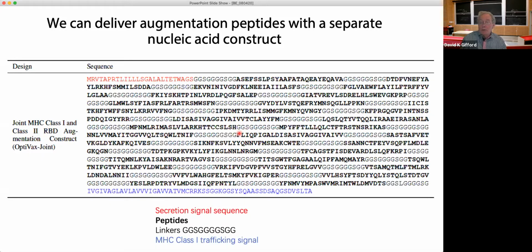In the case of, for example, a messenger RNA vaccine, you could add in extra RNA molecules that encoded this particular sequence. You could control how much augmentation you want to provide, depending on the ratio of the original S units that you put into the vaccine design versus the amount of augmentation peptides, to improve the cellular immune response in response to vaccination.